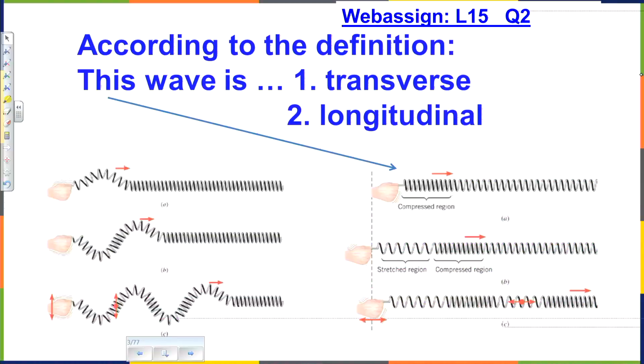This is a toy which helps to see the difference again between this type of a wave and that type of a wave. Here, wave travels horizontally, but each wave particle moves up and down, up and down.